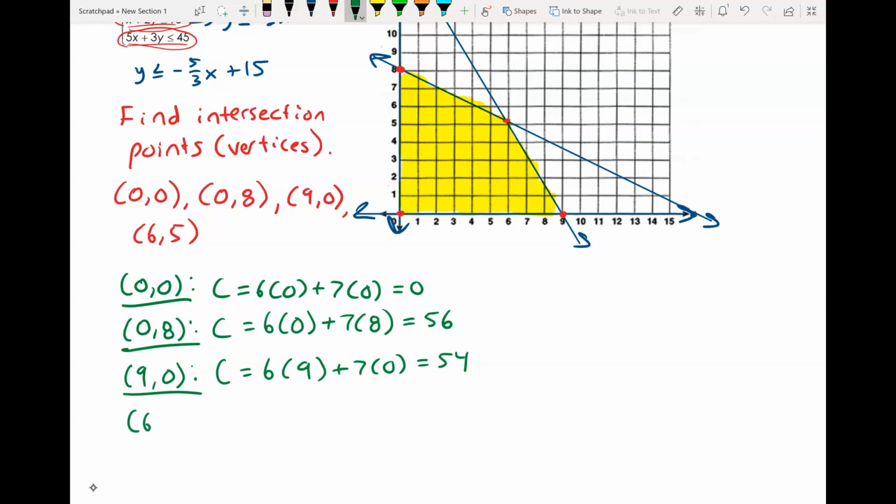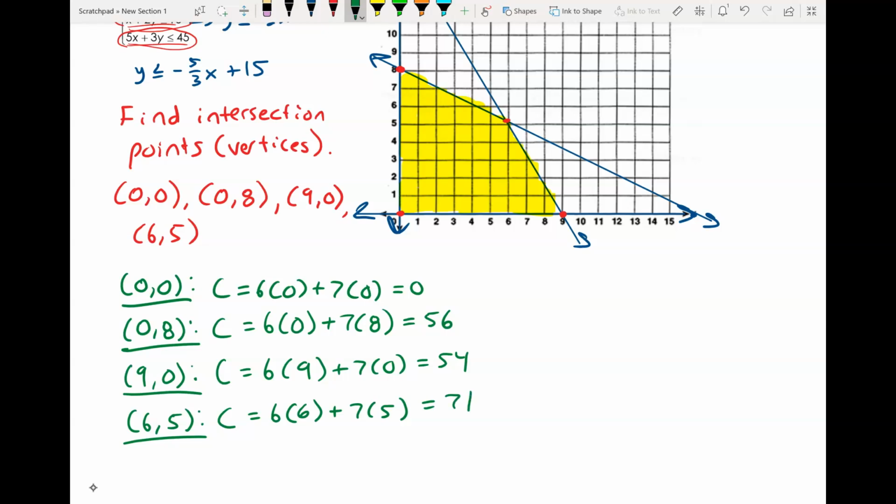And finally at 6, 5, c is equal to 6 times 6 plus 7 times 5. That's 36 plus 35, which is 71.